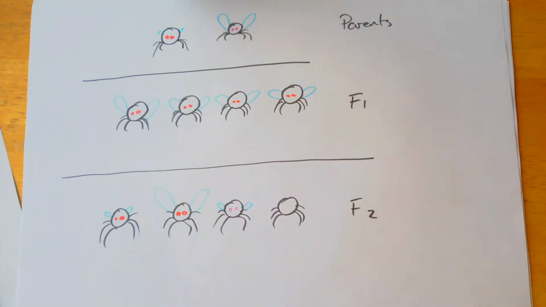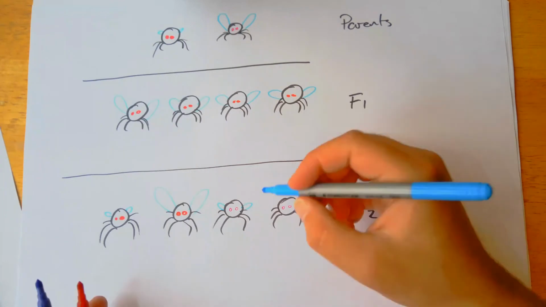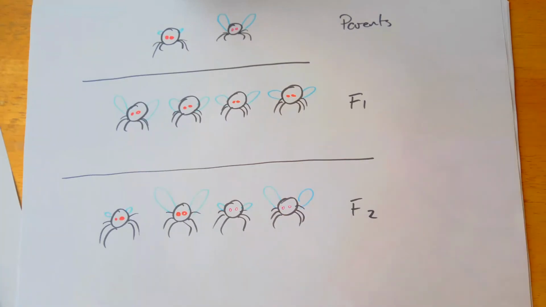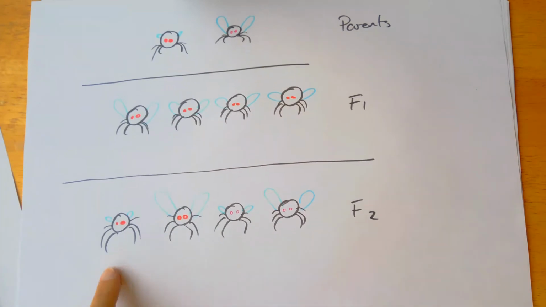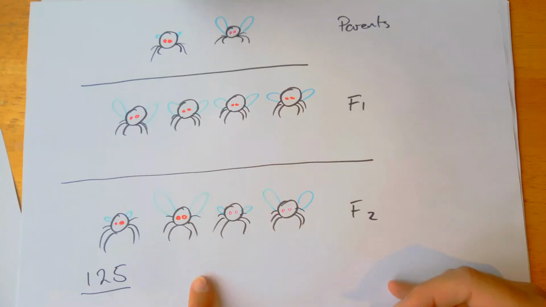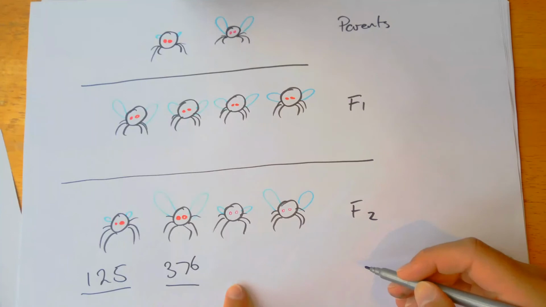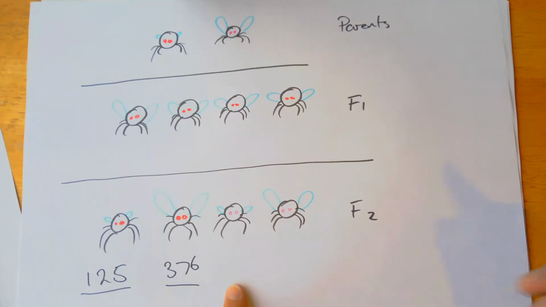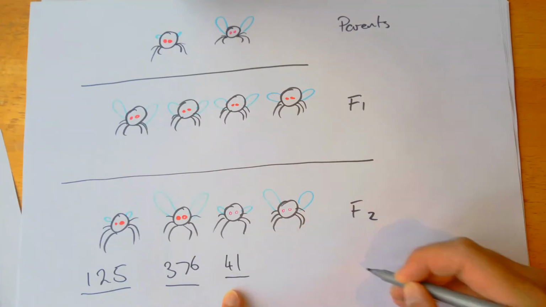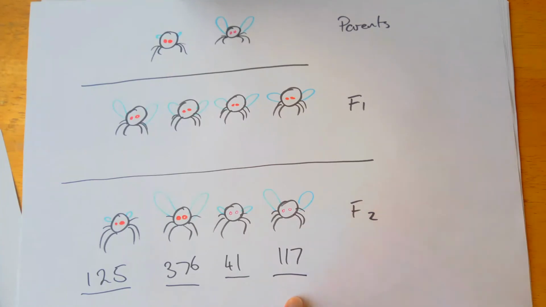And we had some pink eyes with normal wings. And we got some numbers as well. Red eyes with vestigial wings, we had 125. Red eyes with normal wings, we had 376. Pink eyes with vestigial wings, we had 41. And pink eyes with normal wings, we had 117.